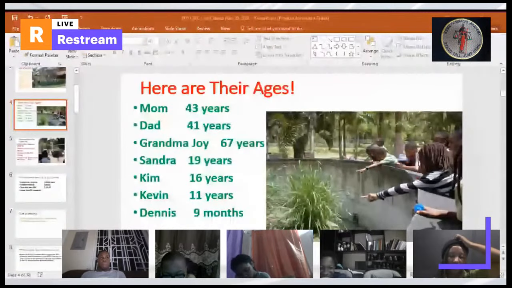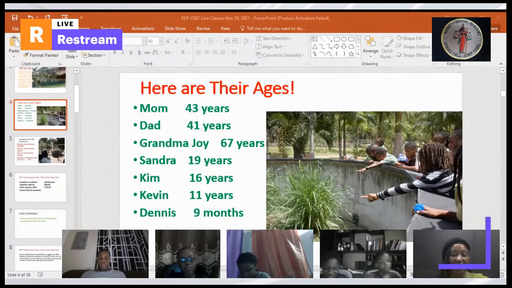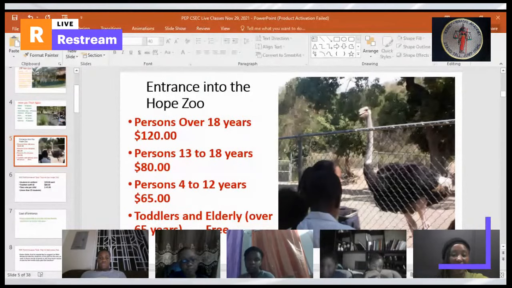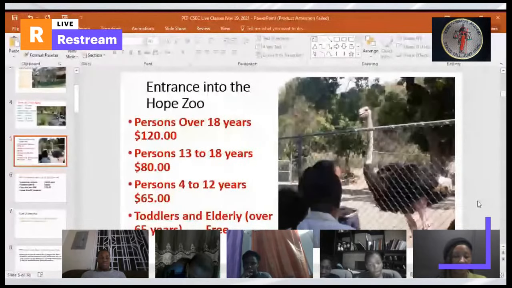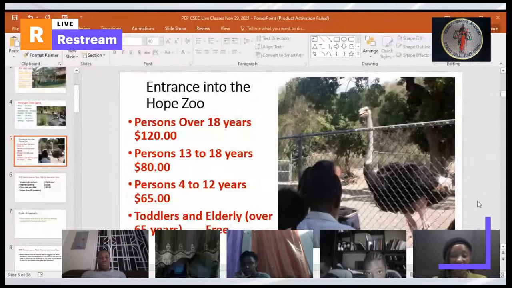All right, so now I'm going to show you again the cost. Quickly jot down the cost. Another minute. You don't have to write every single word. Just write one word that will remind you which age group that is, and the cost.